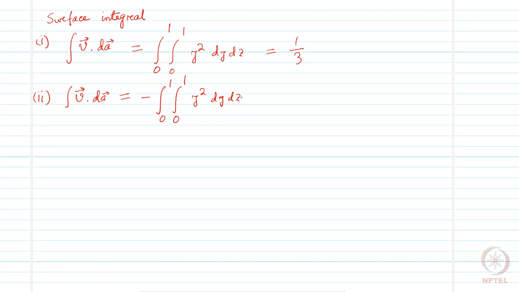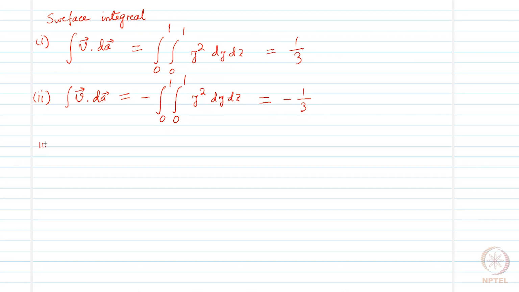We always consider the direction of a surface outside the box, and because these surfaces are opposite, we have different direction, and this is nothing but minus 1 over 3.